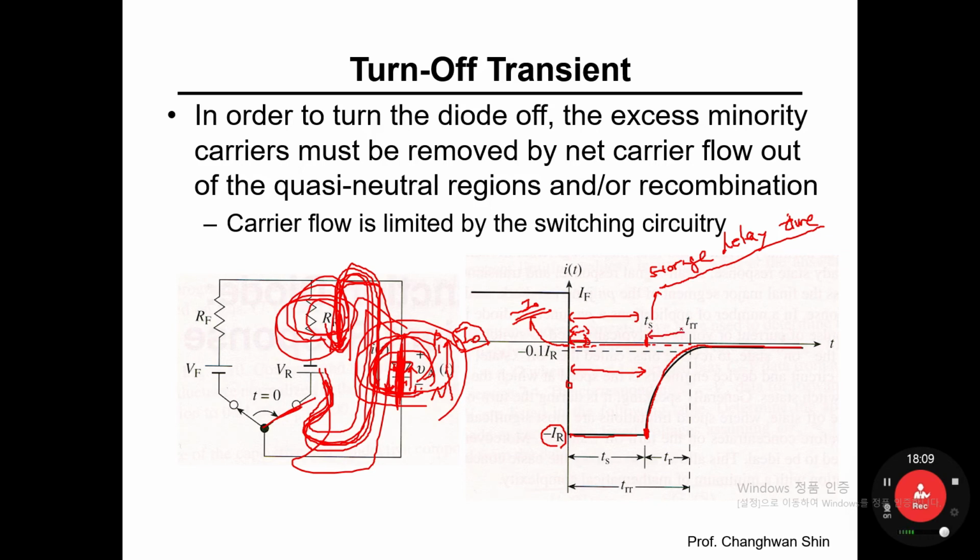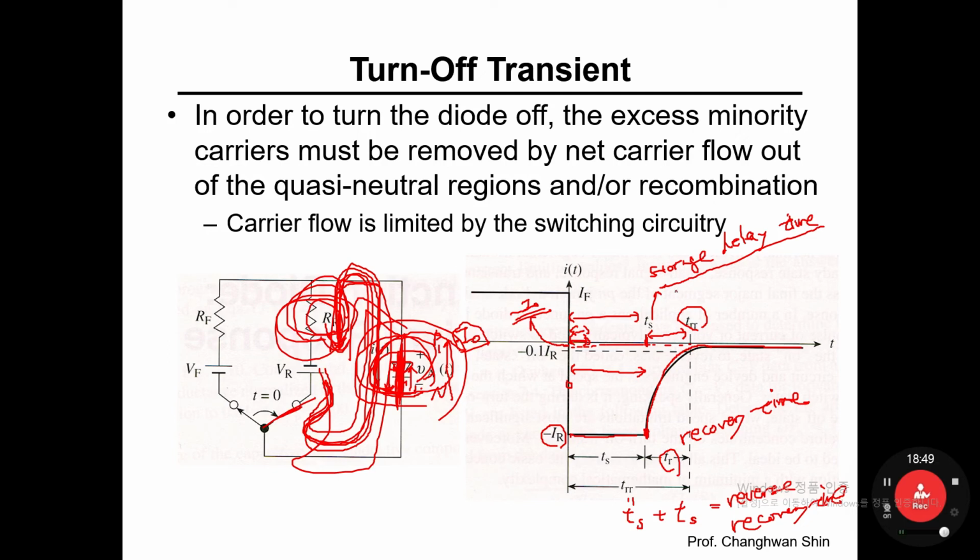This time duration is defined as the recovery time. And T_RR, the summation of storage delay time plus recovery time, is defined as the reverse recovery time. So T_RR, T_R, T_S are the main figures of merit in evaluating the transient response of the PN diode.